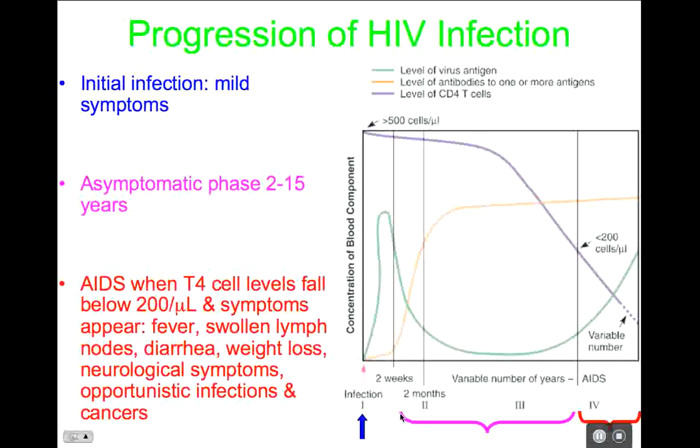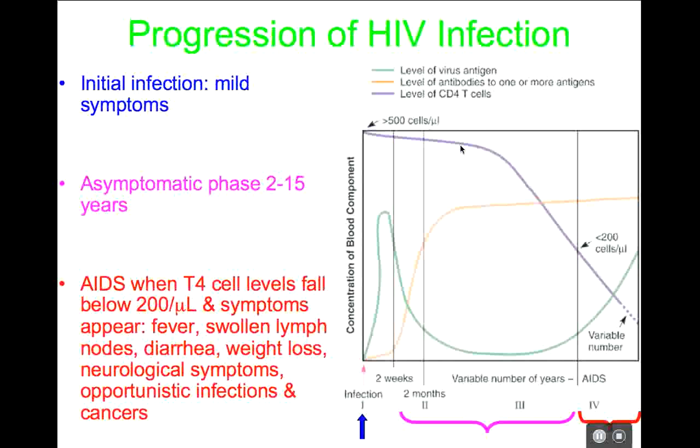So you have this long time period where the patient shows no symptoms. And the reason the patient is showing no symptoms is because the T helpers are still being produced at a high level. As long as there are sufficient numbers of T helpers, the immune system, by and large, is active. Well, that begs the question, how many T helpers do you have to have for your immune system to function correctly?